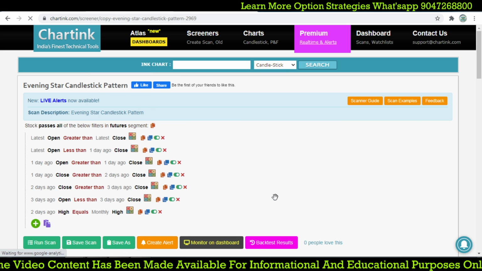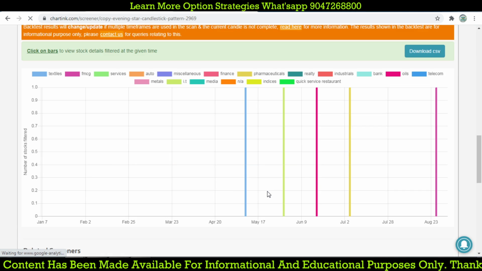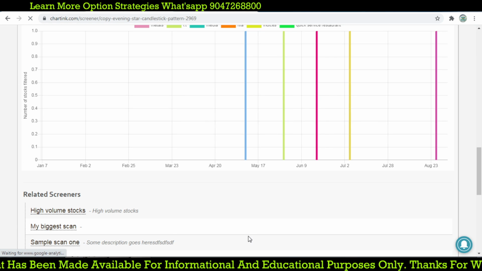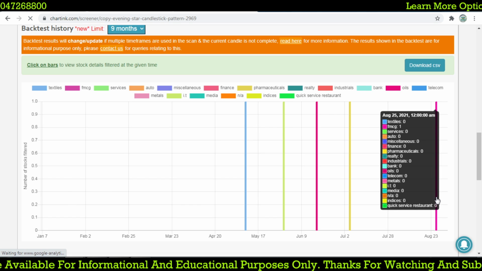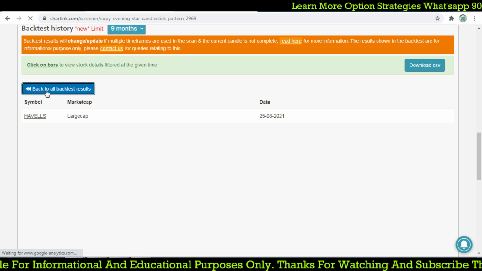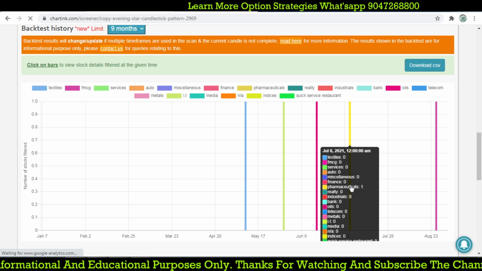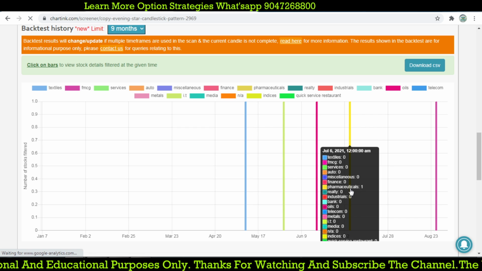When you apply this filter, we will find a very small number of stocks. On August 23rd and 25th, Havells, that one we rejected, and on 6th July, even Tata Motors did not come.